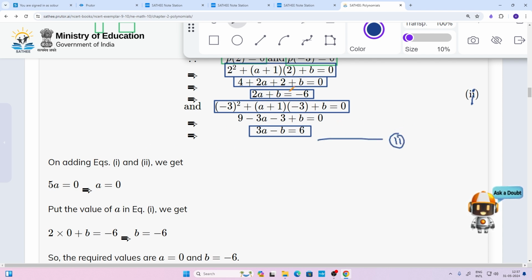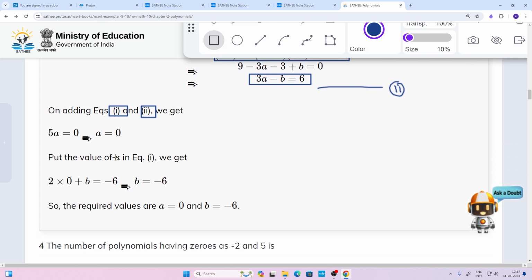Adding equations 1 and 2, we get 5a is equal to 0, and it implies a is equal to 0. Putting the value of a in equation number 1, we get 2 times 0 plus b is equal to minus 6, and it implies b is equal to minus 6.